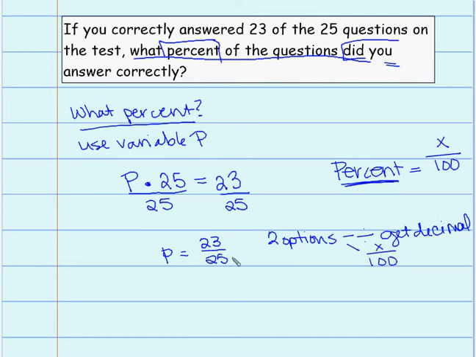Okay, well, I know that 25 times 4 is 100, so that's the route I'm going. So I'm going to multiply both of these times 4, and I'm going to get 12, carry the 1, 92 out of 100. Now, if you write your answer 92 out of 100, you will get it wrong, because you need to write your answer as a percent. So it's 92%.